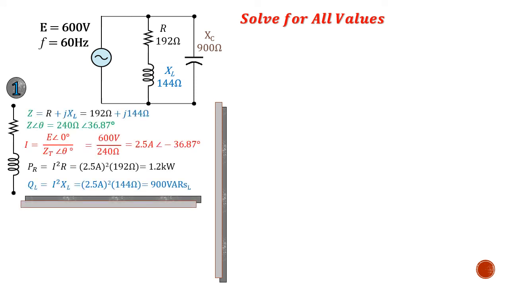That results in 240 ohms total impedance for that branch, 2.5 amps in that branch, which gives us 1.2 kilowatts and 900 VARs inductive reactive power. Next, when we isolate our capacitive branch, we get 400 VARs capacitive reactive power.